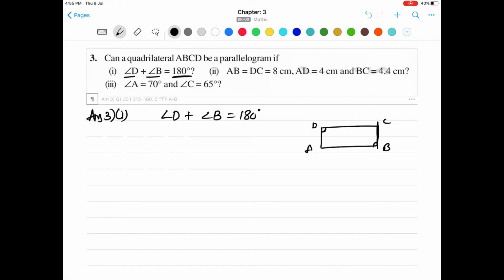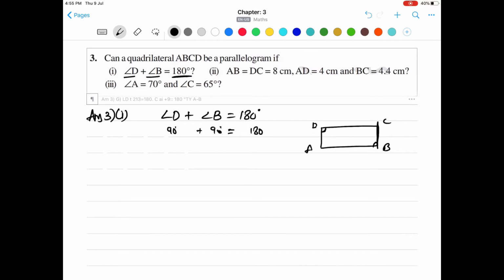So you are asked if this can be a parallelogram. The answer is that this can be a parallelogram if the measure of angle D and angle B is 90 degrees each, which results in 180 degrees. In that case it satisfies the property of a parallelogram that opposite angles are equal.